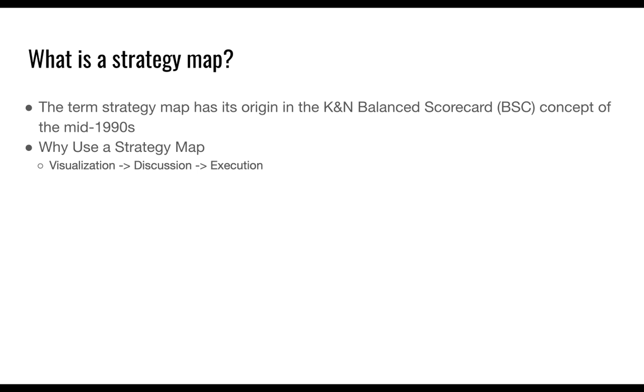First of all, as a classical geographical map, a strategy map helps us to visualize the strategy of the organization. Obviously, if we don't have a strategy map, the strategy still exists, but it exists in the heads and minds of top managers. So having a map, something on one page of paper, we can have a visual picture.